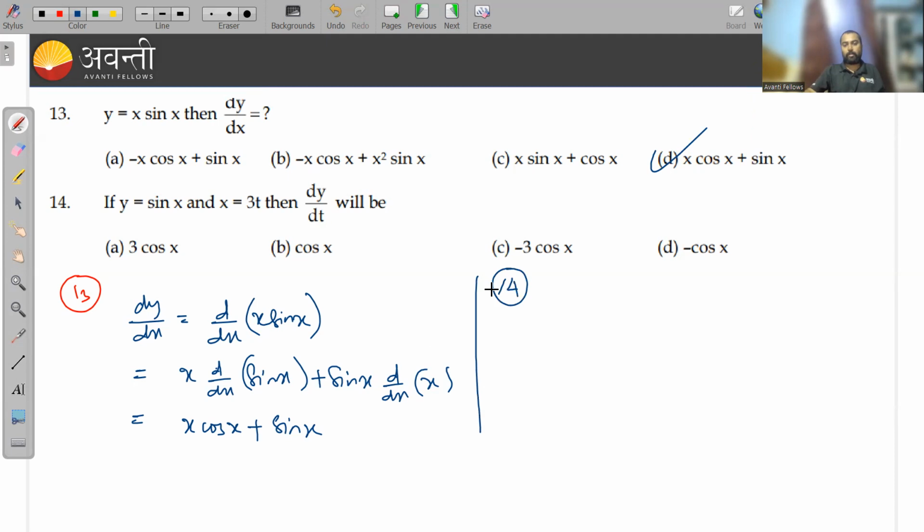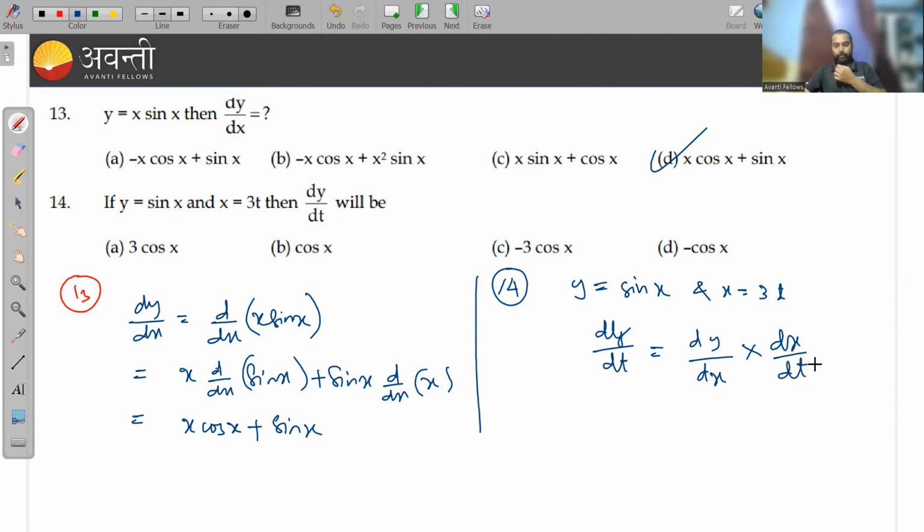Come to the next question, question number 14, that is if y is equal to sin x and x is equal to 3t, right? So dy by dt, by using the chain rule, we can write this as dy by dx into dx by dt, that is d by dx of sin x into d by dt of 3t, right?